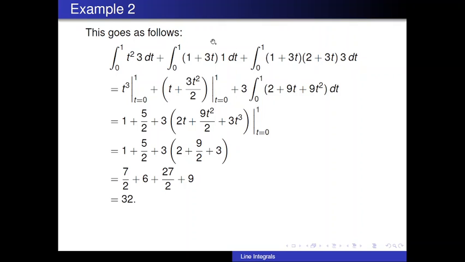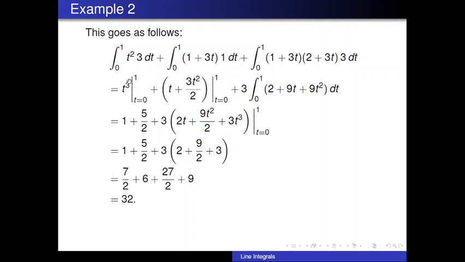Okay, and then the last one here is x times z. We know from our curve that x is 1 plus 3t, and z is 2 plus 3t. And then we have to multiply by z prime of t dt. So z prime of t was 3. So this last integral is maybe a little bit more dirty looking, but that's fine. Not so bad, though.